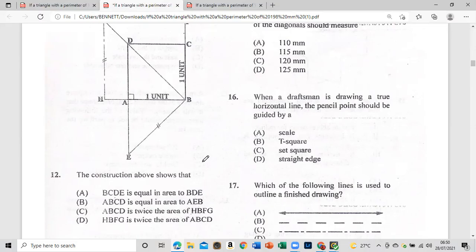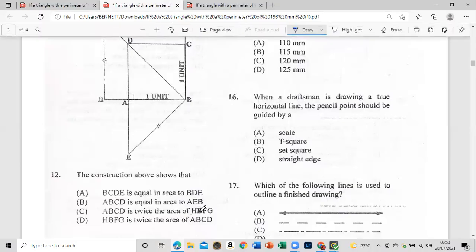So ABCD is twice the area of HBG? So ABCD, that's the unit square there. The area for that is 1, because 1 times 1 is 1. So I don't think it can be twice HBG.